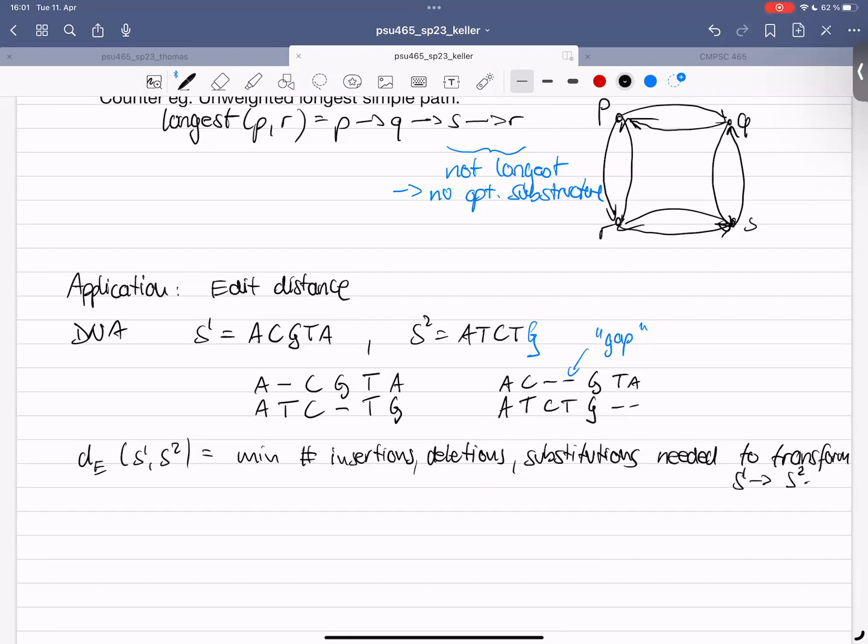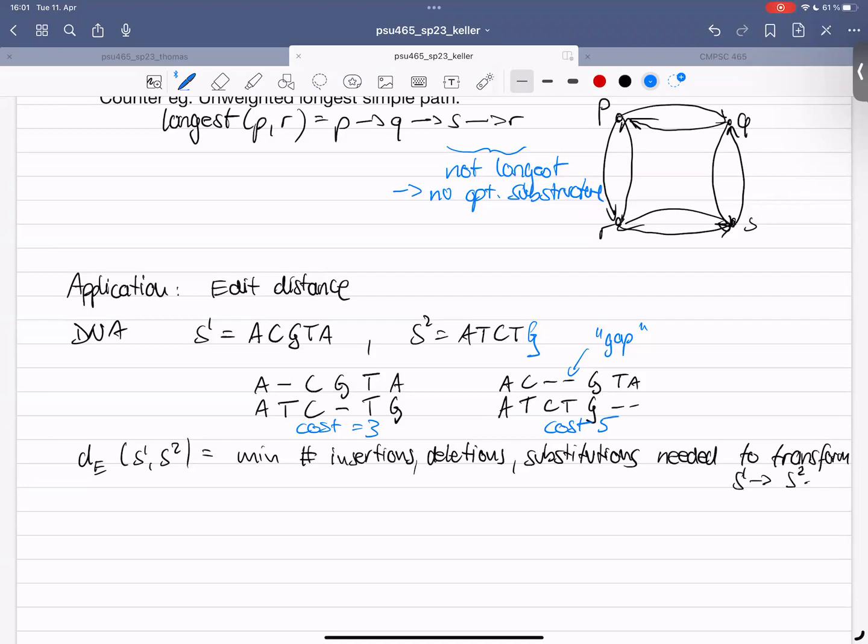In the first alignment, we can't call this the edit distance, because edit distance is really the minimum, but the cost of this alignment, the left one, let me write this in a different color. The cost of the first alignment we said is equal to 3. We have 3 columns with non-matching characters, and the cost of the second alignment is 5 because we have 5 columns that don't match.